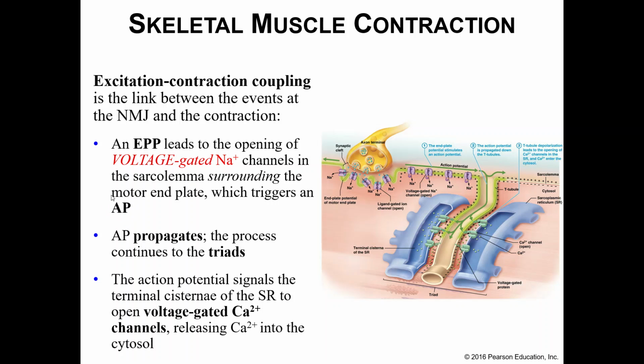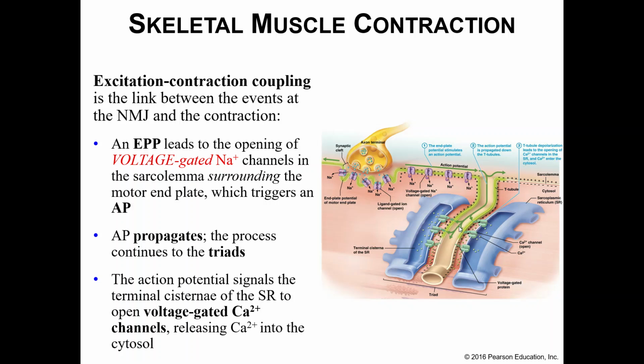Now, once you trigger that action potential, once you open that first voltage-gated sodium channel, it immediately gets propagated down the sarcolemma. Notice our arrow also goes down our T-tubules. We are also going to trigger an action potential down our T-tubules.